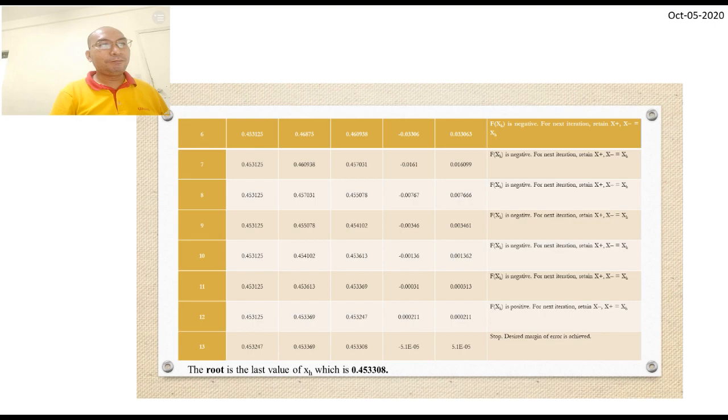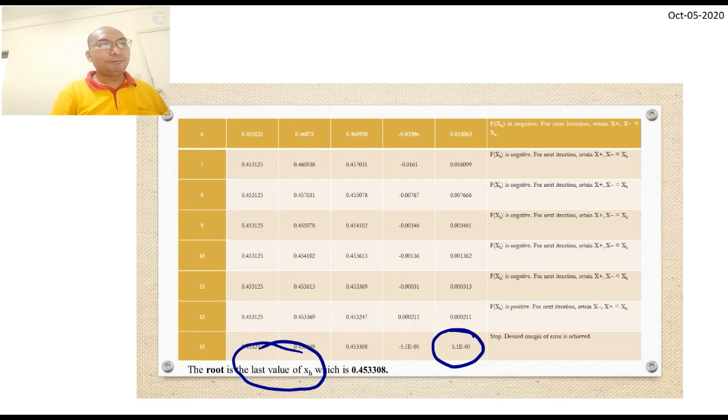So assuming that we have solved all the equation and we have arrived at the error required, the value of the root for the equation is the last value of x sub h.